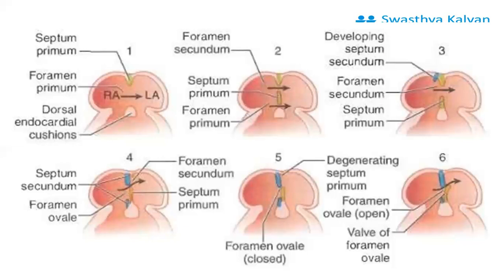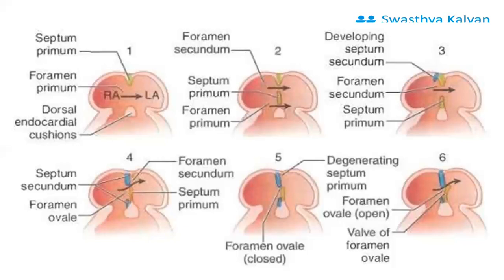Further, this foramen ovale will close, and the septum primum which came earlier will degenerate, and this foramen ovale usually acts as a valve. This valve allows blood flow in the fetal circulation from the right side of the heart to the left side. If we understand fetal circulation, we all know that the lungs are not active in the fetus.